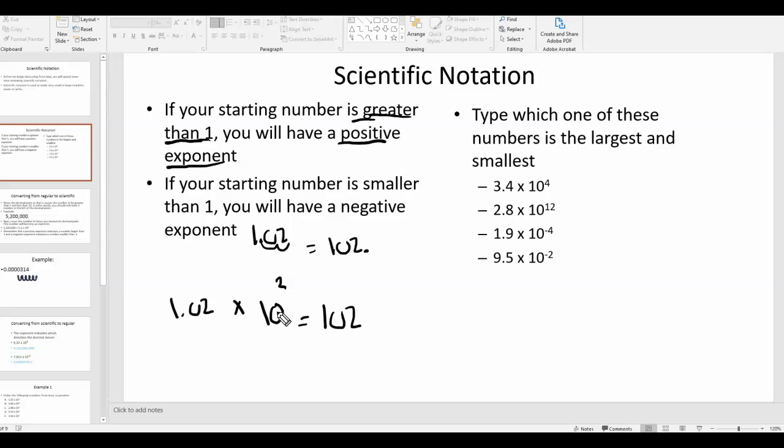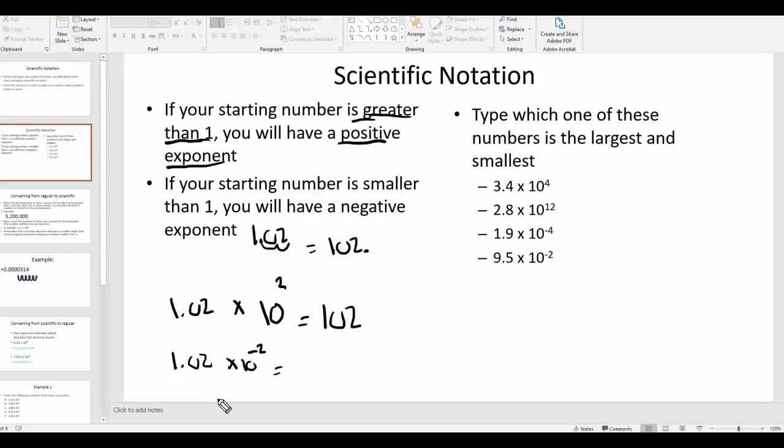If your starting number is smaller than 1, you will have a negative exponent. For example, let's say I had 1.02 times 10 to the power negative 2. Okay, so 10 to the power negative 2 is basically 1/100th, and so that means that we have to move the decimal 2 spaces to the left. So the negative sign indicates that we move the decimal place to the left.